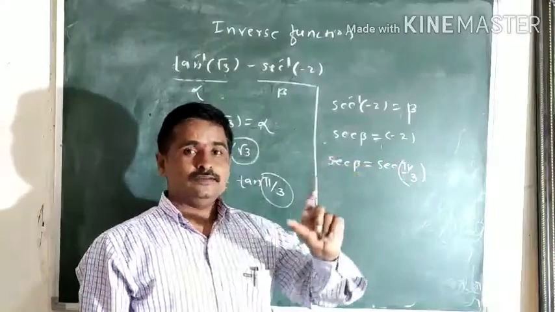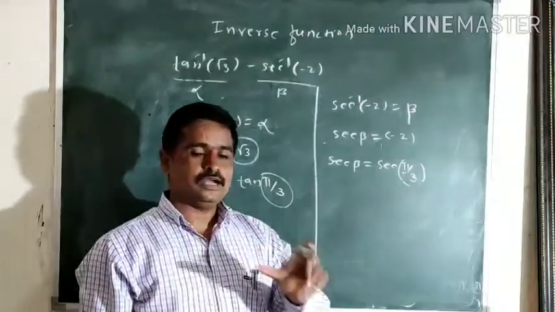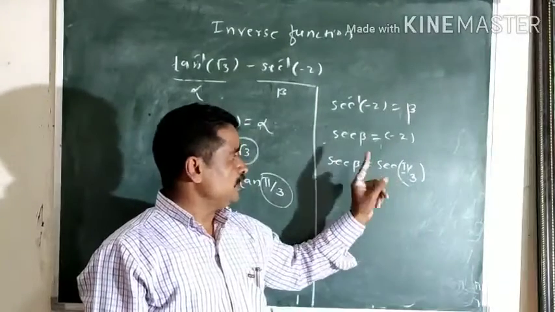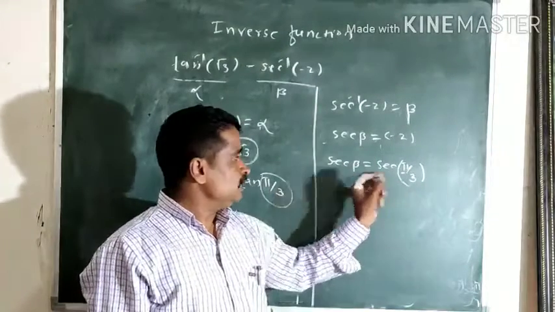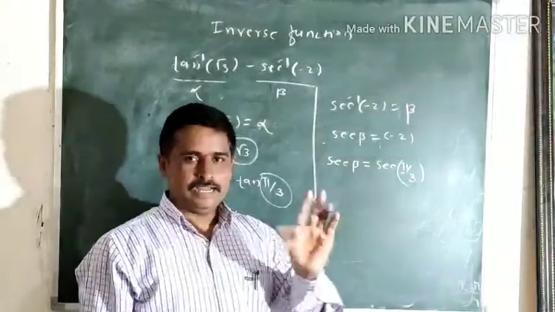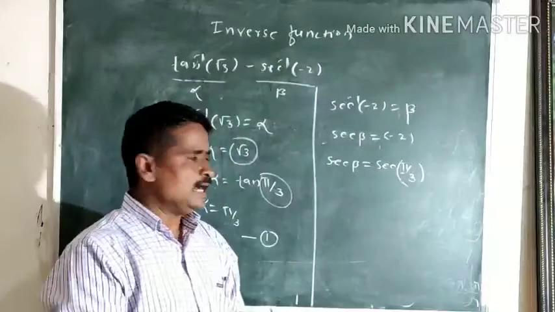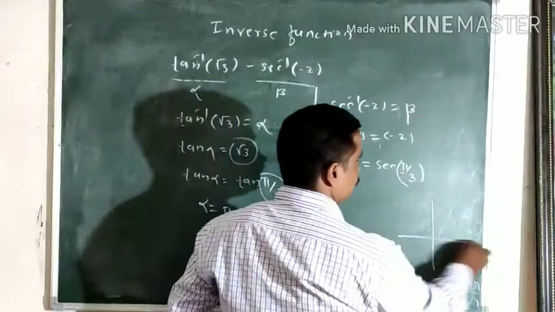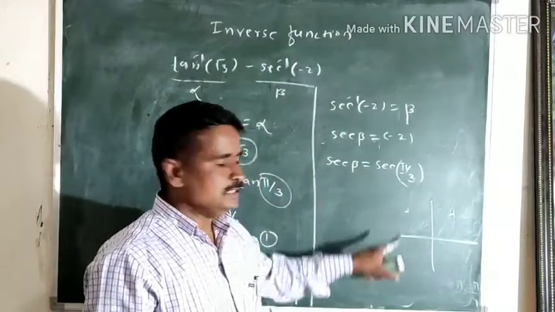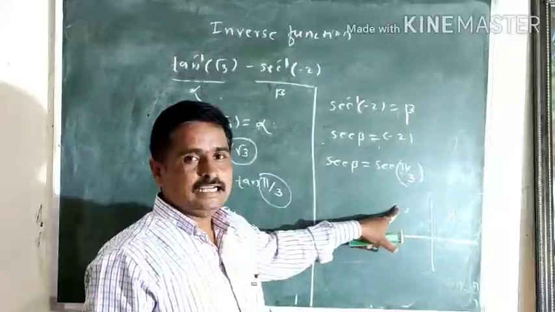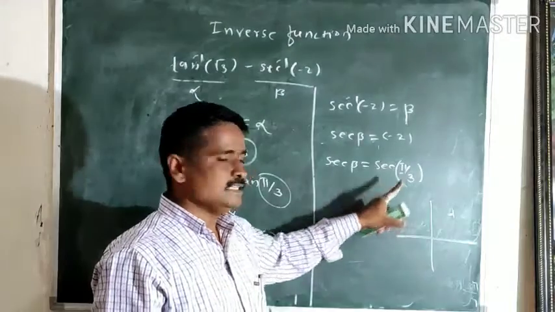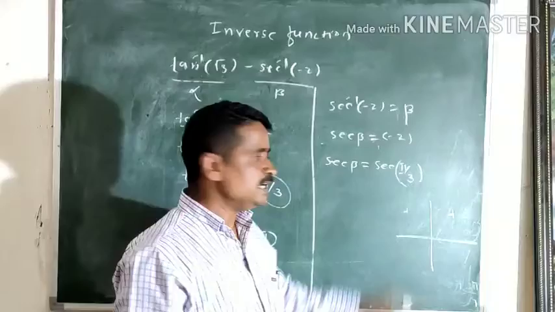So in which quadrant is sec negative between 0 and pi? By the ASTC rule, in the first quadrant all are positive, and in the second quadrant only sine and its reciprocal cosec are positive, otherwise the trigonometric ratios are negative.